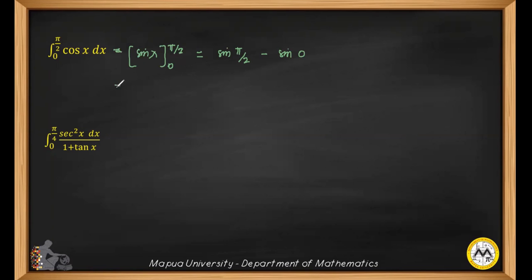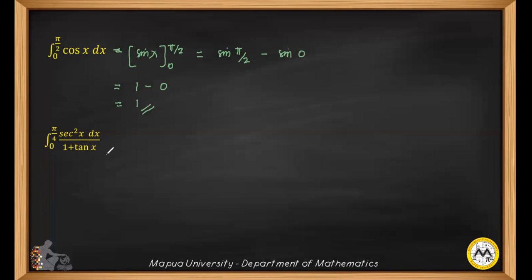Of course, sine of pi over 2 or sine of 90 degrees is 1, minus sine of 0, which is 0. Hence, the definite integral of cosine of x dx from the lower limit 0 to the upper limit pi over 2 is 1.